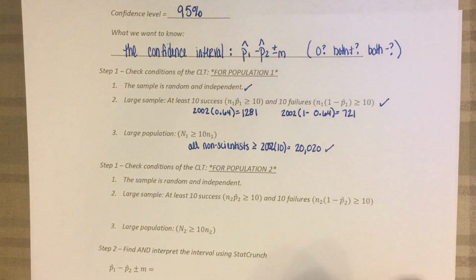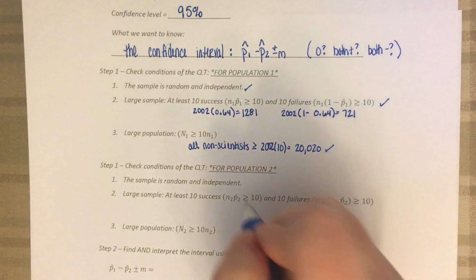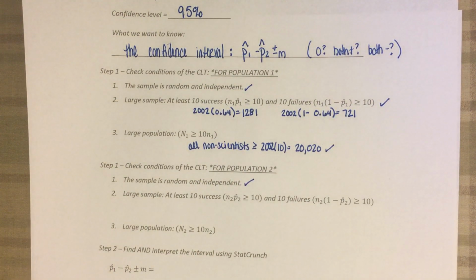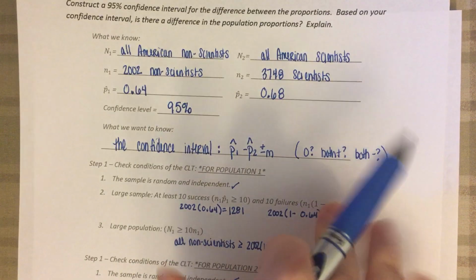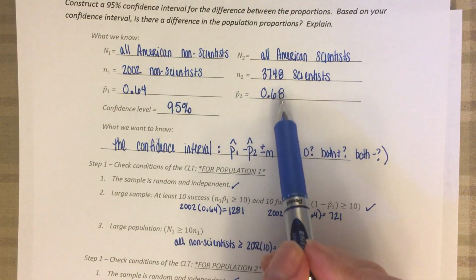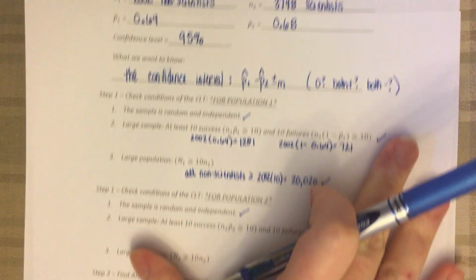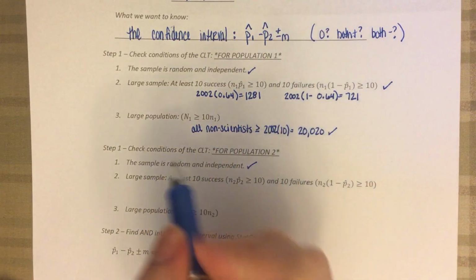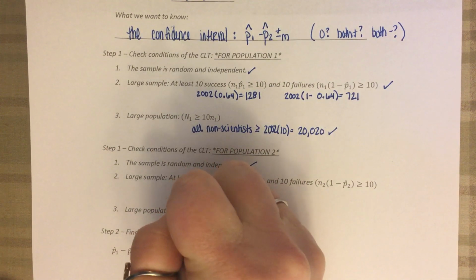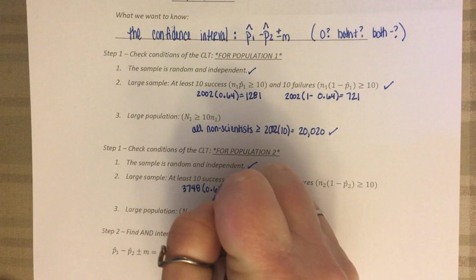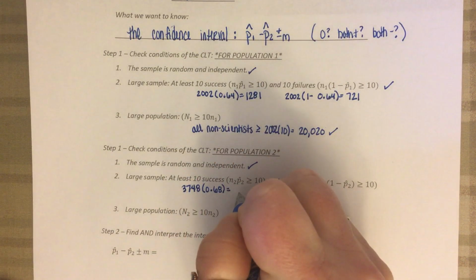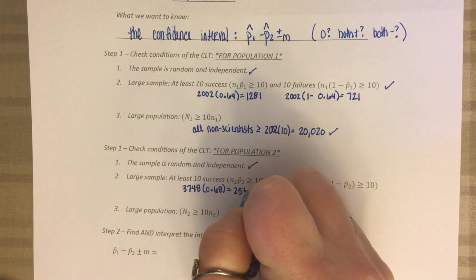For our second population, again, we're going to assume that our sample is random and independent unless we are told otherwise. For N2, if we go back up top, we're now using this data. So our N2 is 3,748 times 0.68, which gives us 2,549.